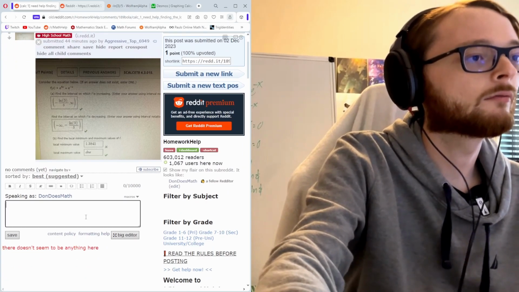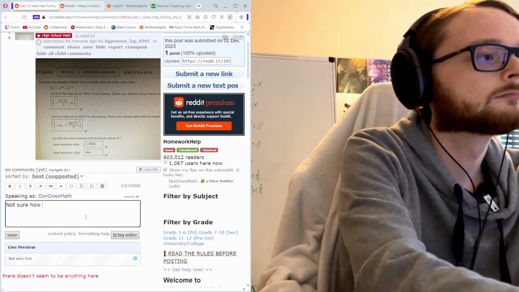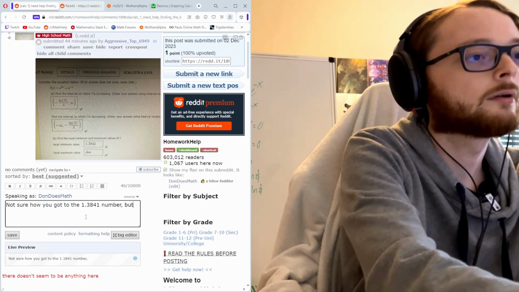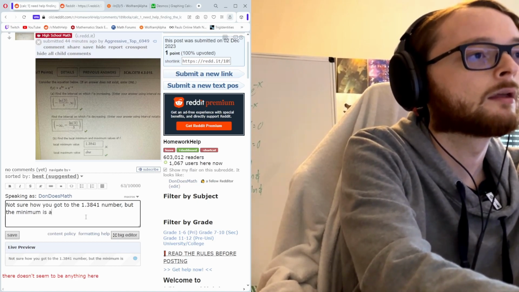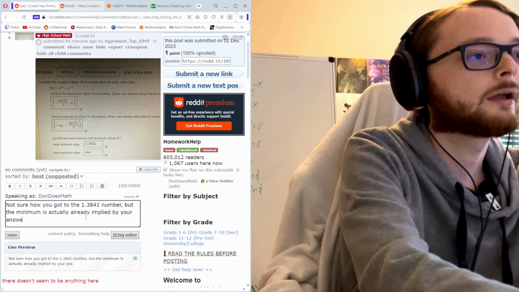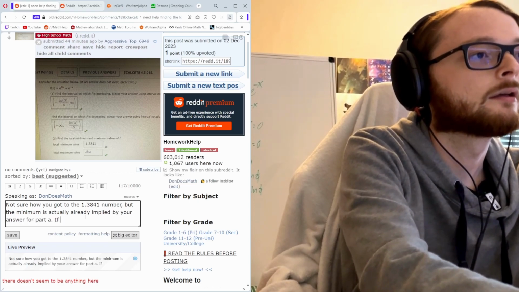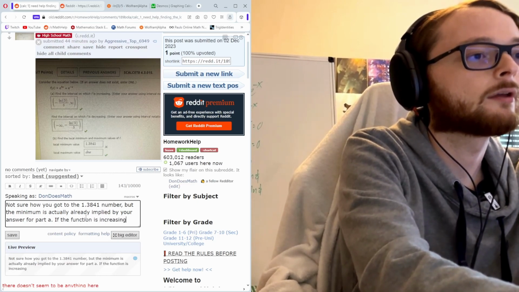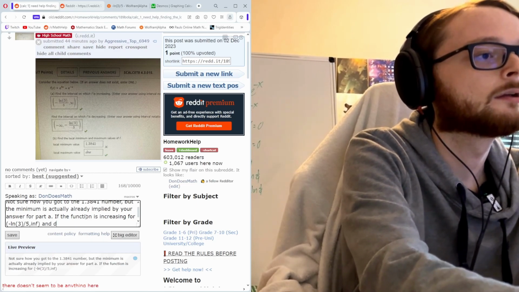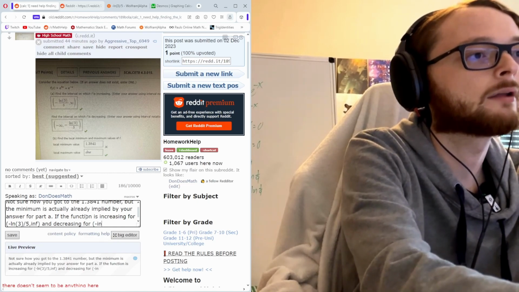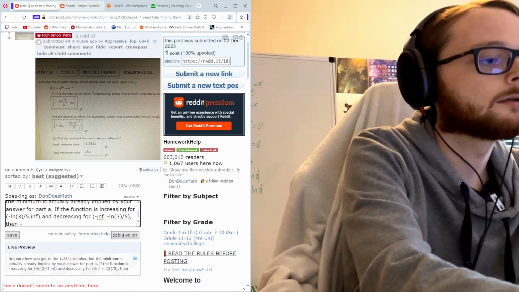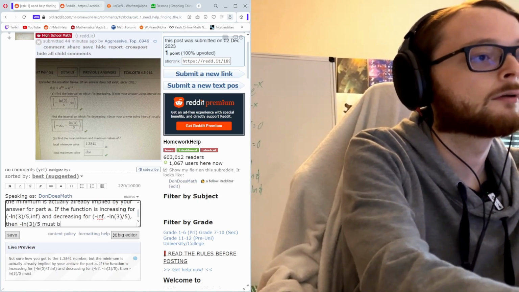Doesn't matter though, because the minimum is actually already implied by your answer for part A. The function is increasing for minus ln 3 over 5 comma infinity, and decreasing for minus infinity to minus ln 3 over 5, so minus ln 3 over 5 must be a minimum.